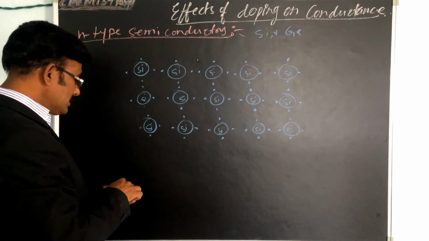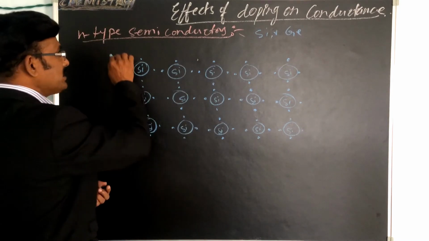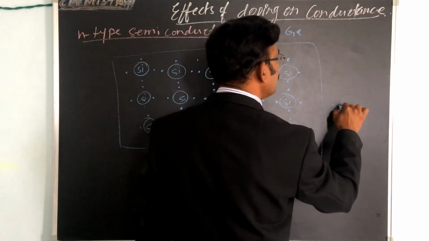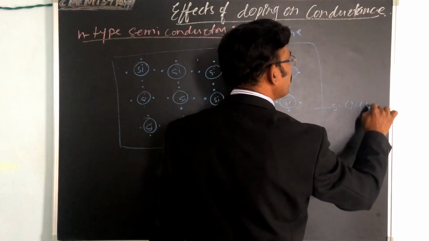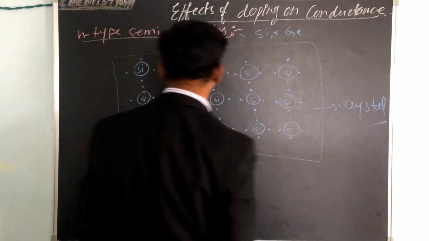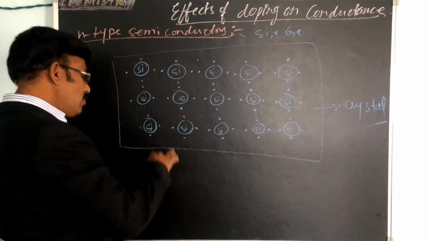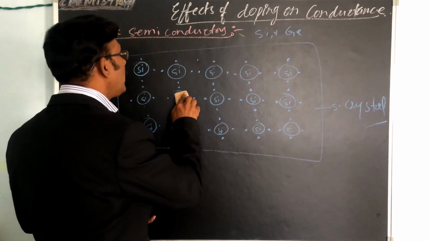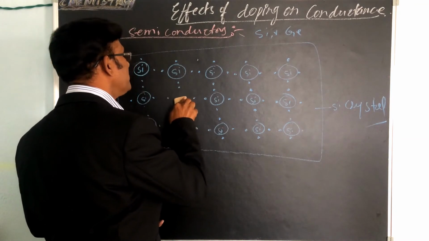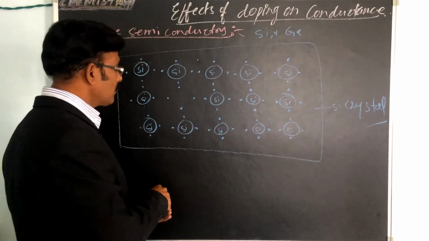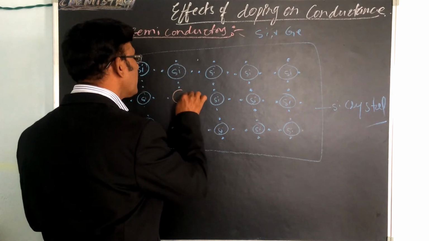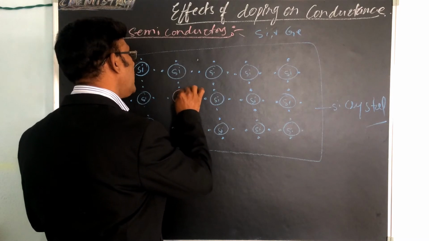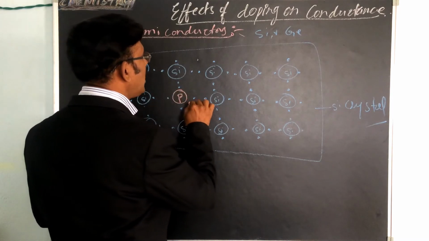Here, this is the silicon crystal. In this crystal, we add a small impurity, either phosphorus or arsenic. This is the small impurity.